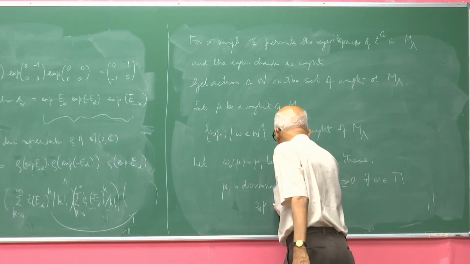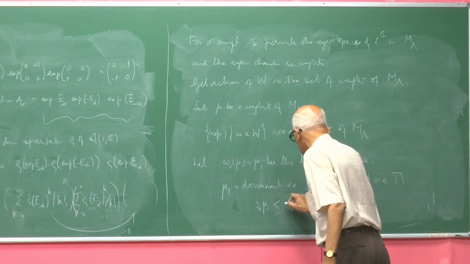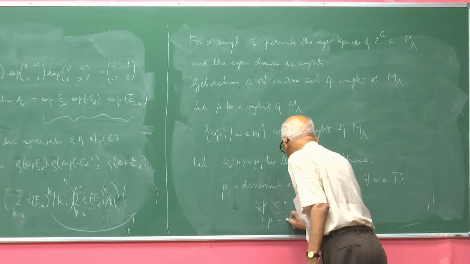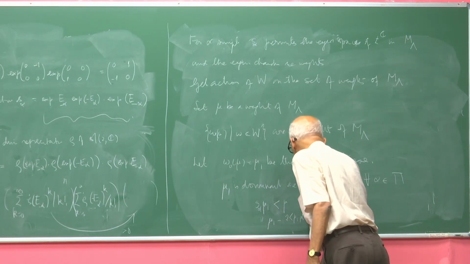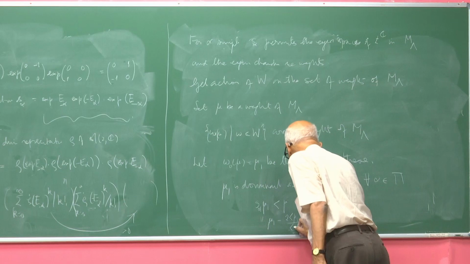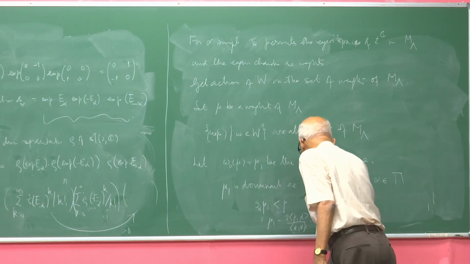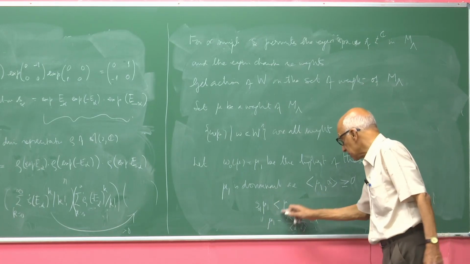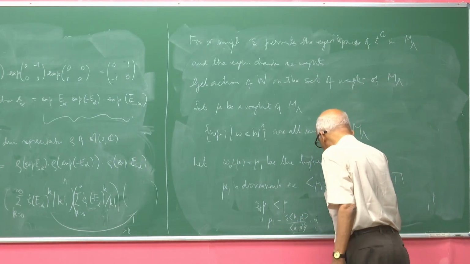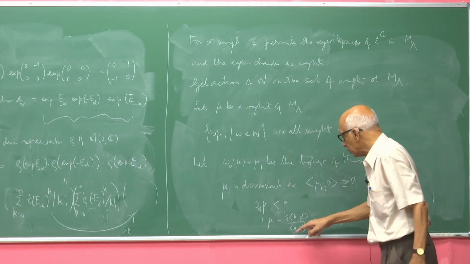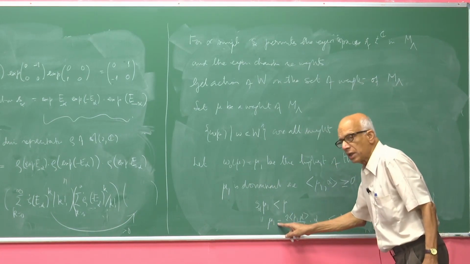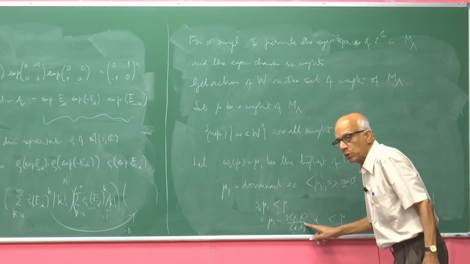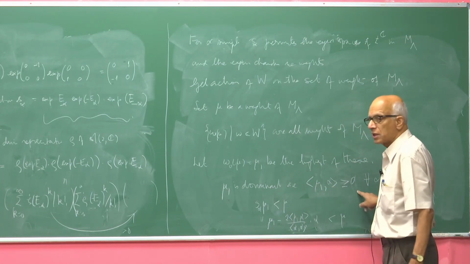This has to be less than mu 1, because mu 1 is the highest of these. But this on the other hand is mu 1 minus 2 (mu 1, alpha) by (alpha, alpha) into alpha, by definition of the reflection operation. Alpha is simple, this becomes mu 1 minus this. If this has to be less than mu 1, that can happen only if this coefficient, with the minus sign here, is positive. So that proves that mu 1 of H alpha is greater than or equal to 0.